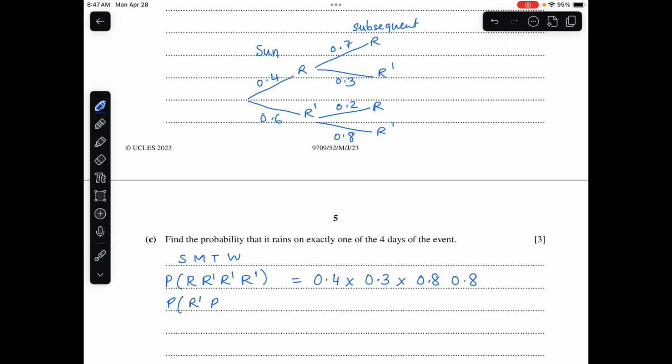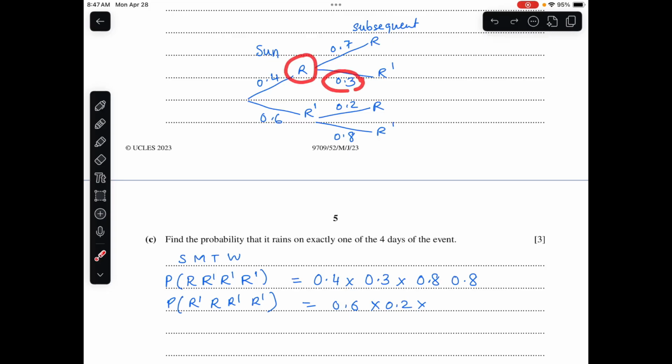So let's say it rains on Monday. That means the other days it doesn't rain. The first day it doesn't rain, so it's going to be 0.6, as you can see in my tree diagram as well. And then because it didn't rain, the next day it's raining, so it's going to be 0.2 times, now it rained on Monday, so we are looking at, if it rained, what is the next day it doesn't rain?